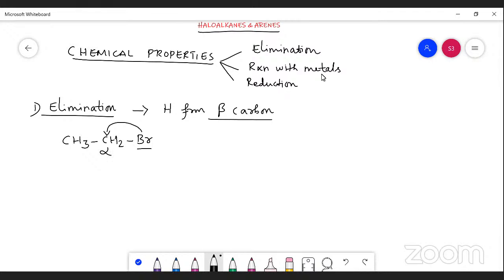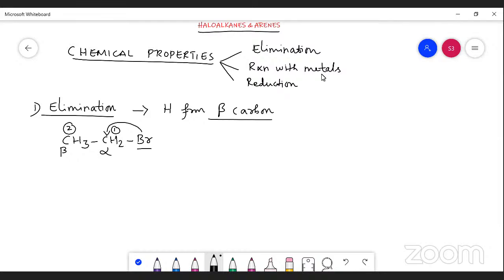Whenever bromine is attached, that first carbon gets the name alpha. The next carbon, which is the CH3 methyl, is your beta carbon.